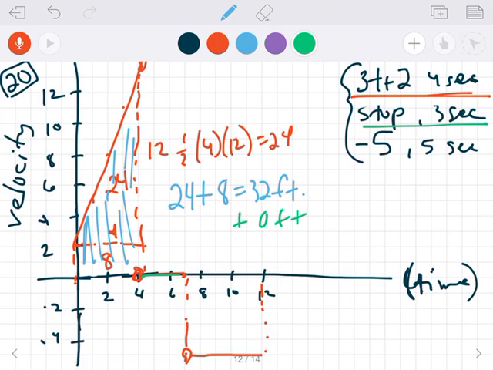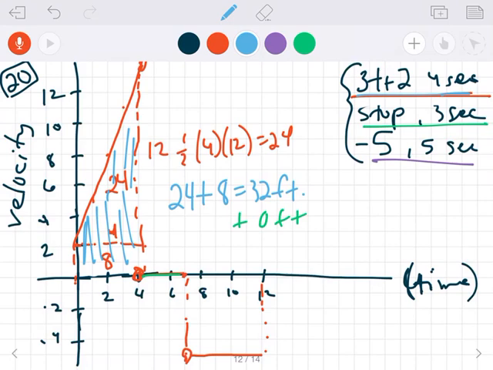And then the last bit of travel is when it was traveling at a constant rate, but it was negative. Velocity, remember, is speed and direction. So if we assume it's moving away from the starting point at the beginning, it's moving back toward the starting point for the last 5 seconds.